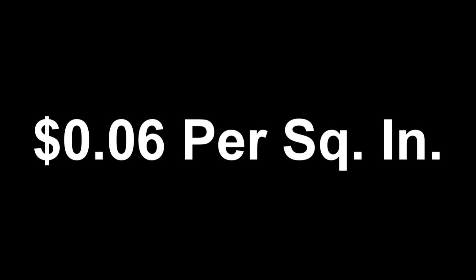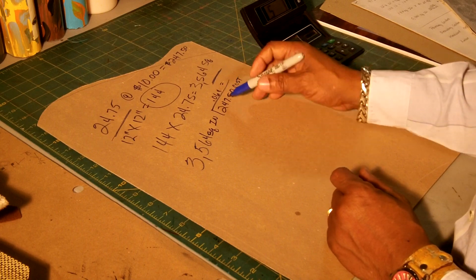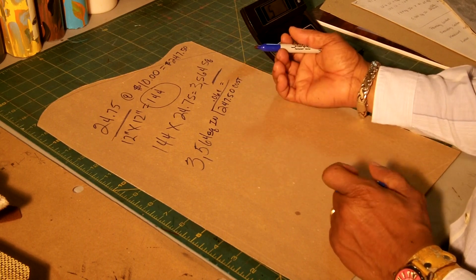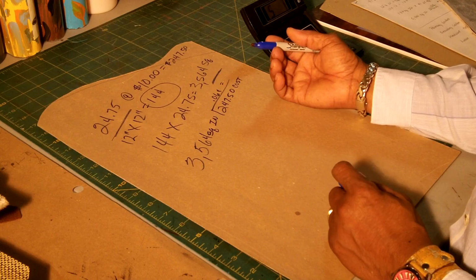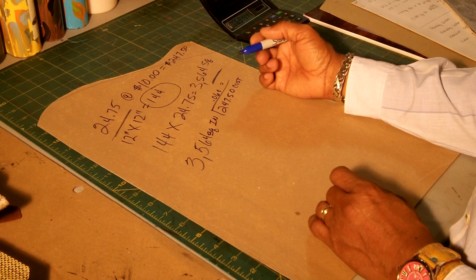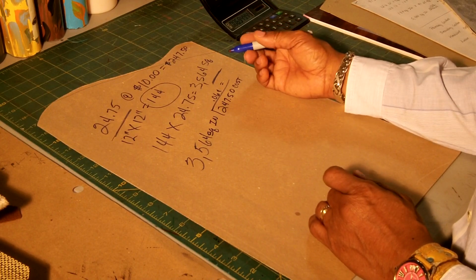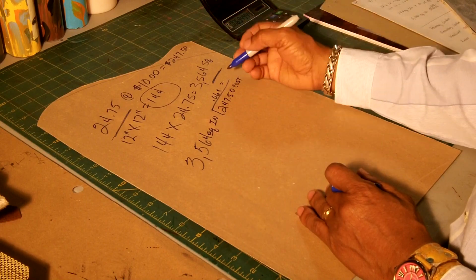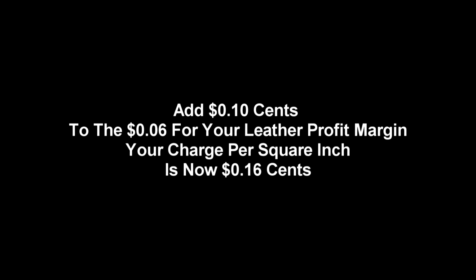So what you're going to do is add on a profit margin, because if you have to remake something and you have to repurchase that hide again, then you need to be able to repurchase that without losing any money. And it will happen, because you can work on something and you made a mistake and you have to make it again. So you have to add that cost in there. We're going to add 10 cents to that.